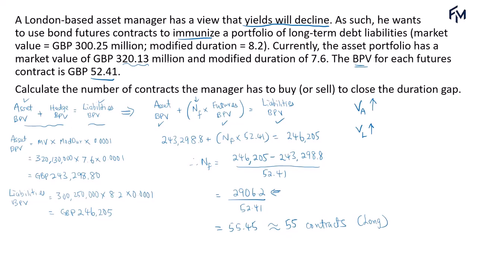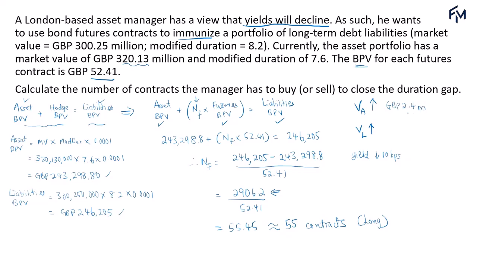Now here the asset BPV is 243,000 and the liabilities BPV is 246,000, assuming that both are affected by the same yield. So let's say the yield were to decline by, let's use 10 basis points. When the yield drops by 10 basis points, the asset BPV of 243,000 tells us that the asset value will increase by about 2.4 million, which is 243,000 times 10.